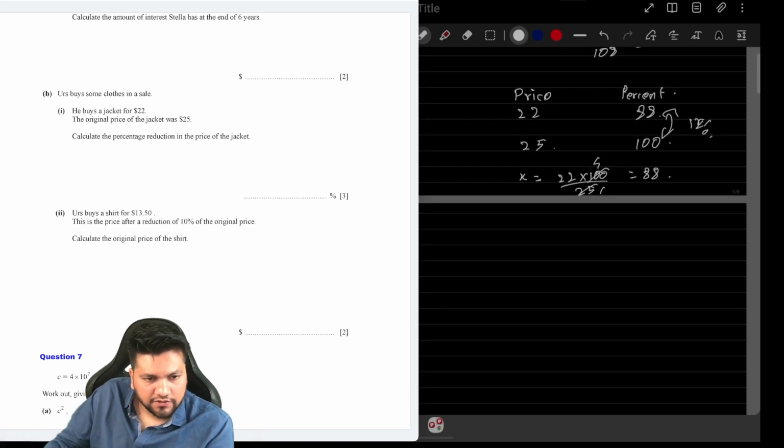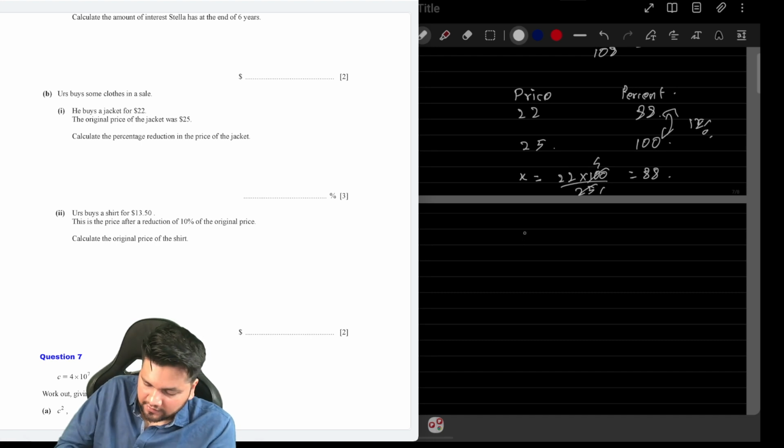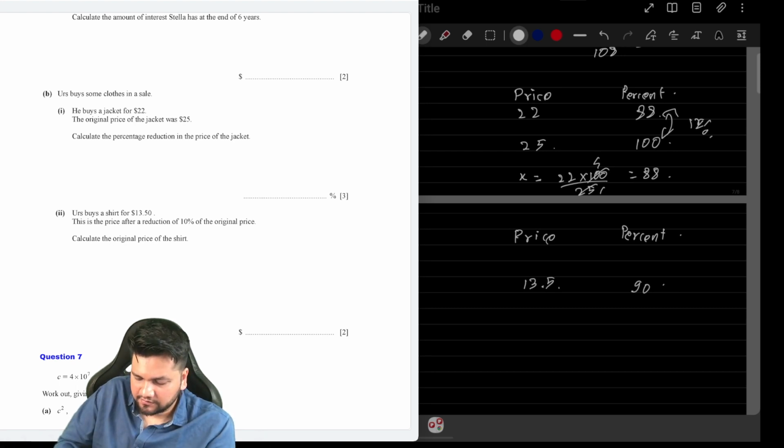Now second part of this question. He buys a shirt for 13.5. This is the price after a reduction of 10% of the original price. Calculate the original price. So again, price and percent, we are going to compare the quantities. The price we know is 13.5. This is the price after a reduction of 10% of the original price, which is 90%.